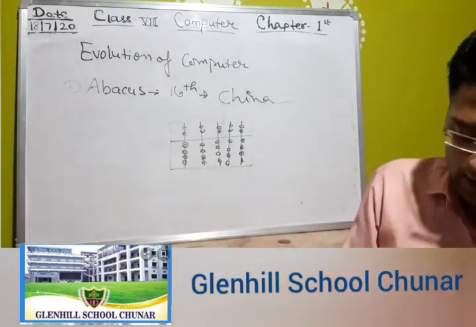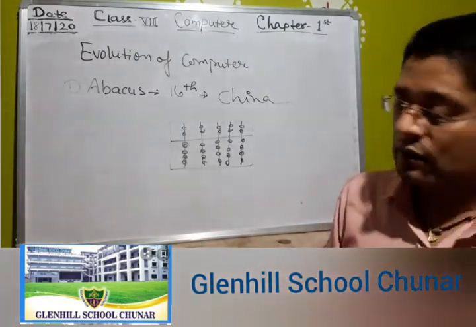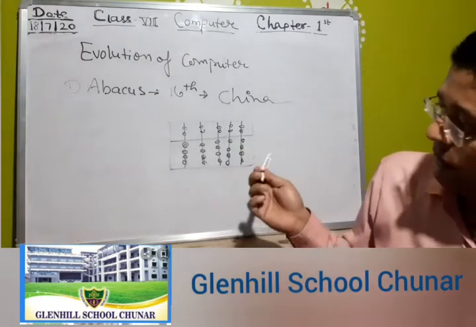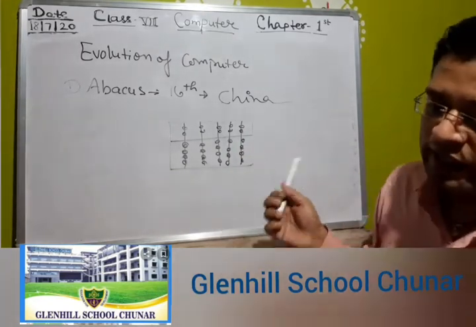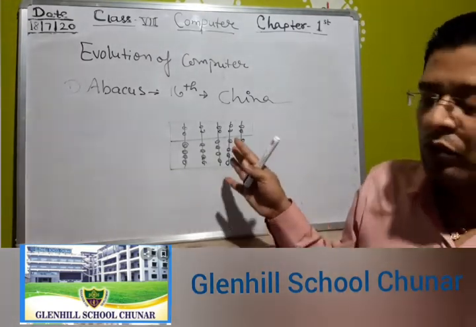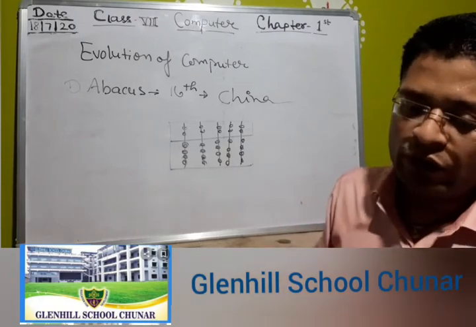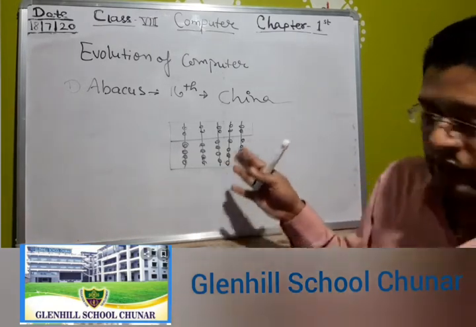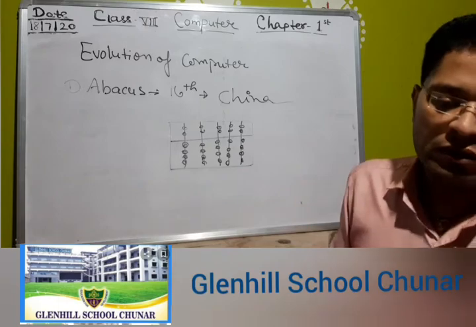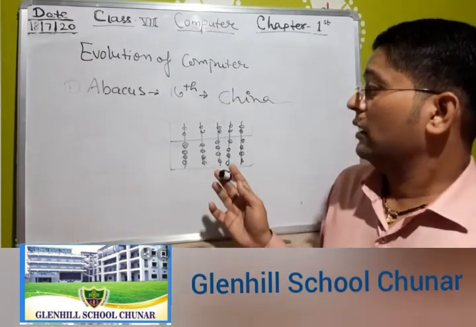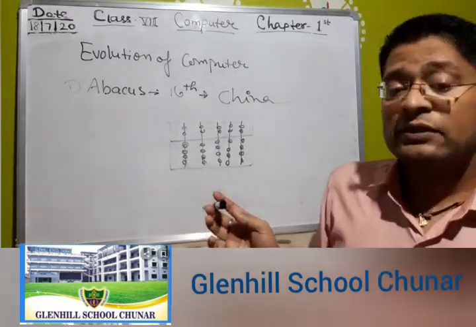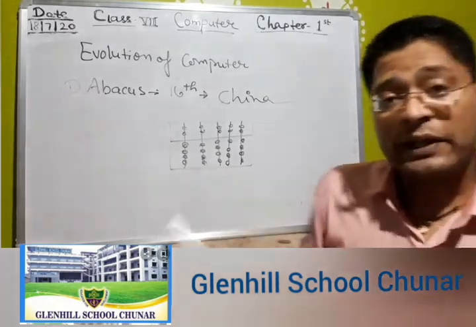Okay, student? The wires represent columns, and the rightmost column is for units. The next column is for tens and so on. So yes, this is a calculation device for addition and subtraction.